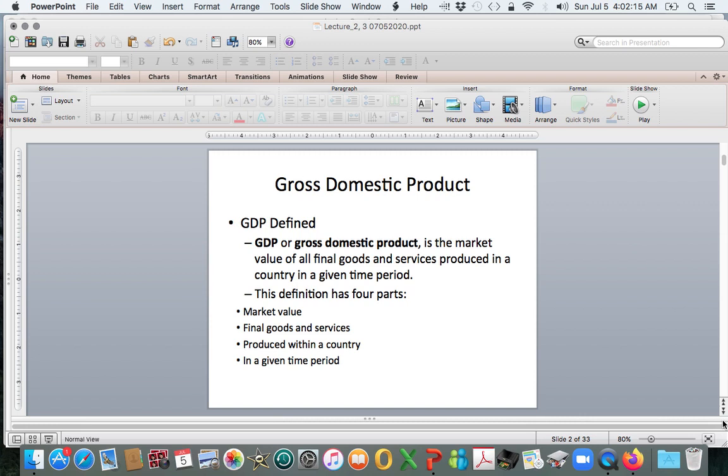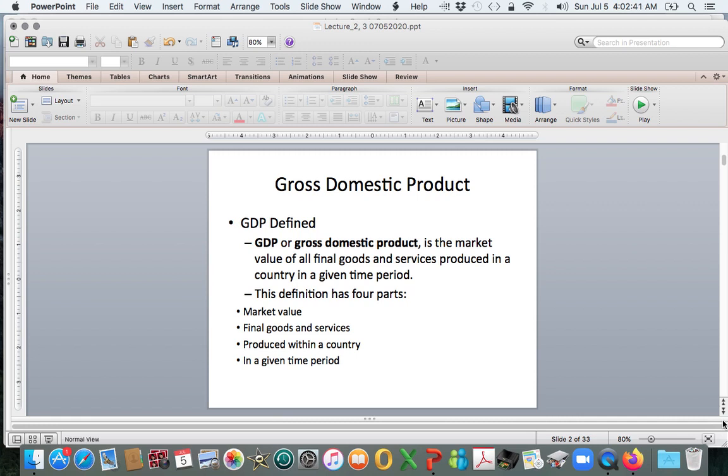Let's look at the second part. We talk about the final goods and services. If we are referring to final goods and services, there must be interim or intermediate goods and services, and we'll talk a little bit more about this in the next few slides. We're limited to only measuring the market value of the final goods and services that are produced within a country.